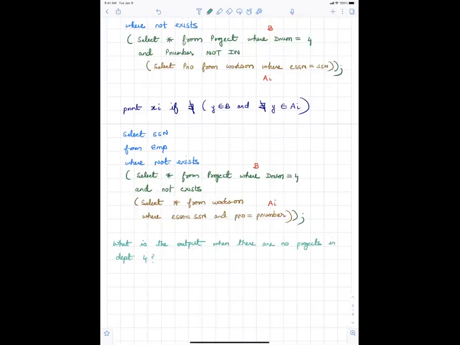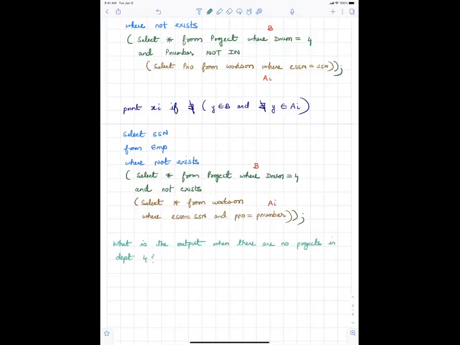Remember when you write programming, usually when your teachers check it, they check for boundary conditions. So what if you were doing this query for some department which had no projects? If there were no projects in department number 4, what would the output be for this query?